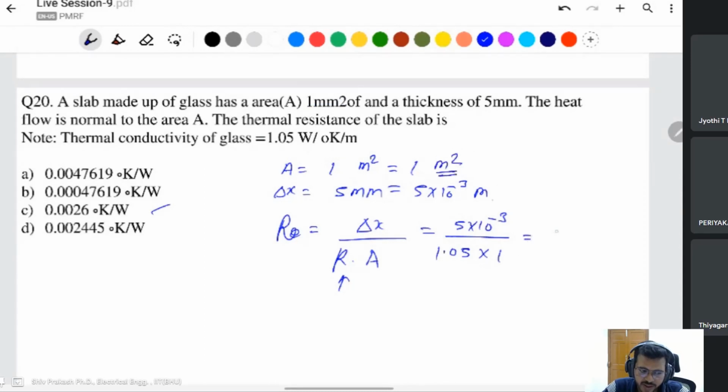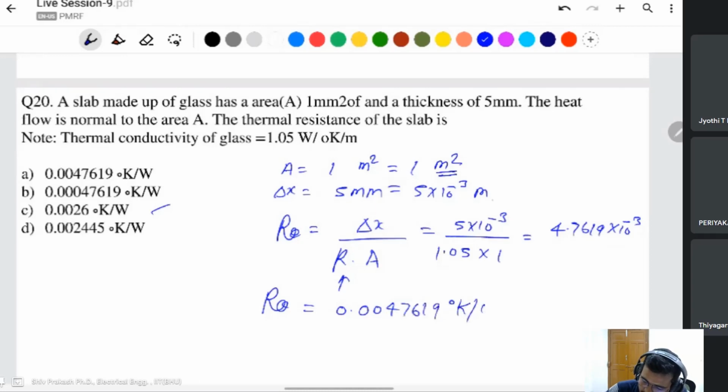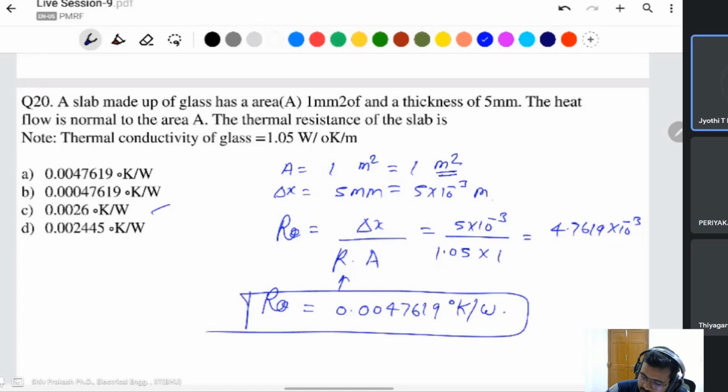Then 4.7619 divided by 5 from 1.05 gives the answer, 10 to the power minus 3. R theta is 0.00476619 degree Kelvin per watt. And this is the first option.